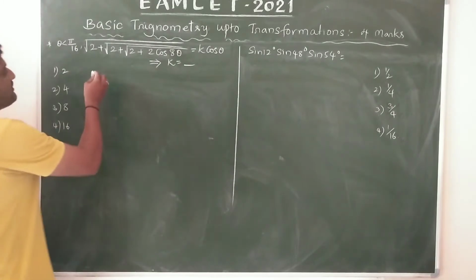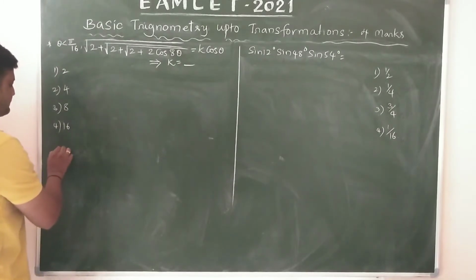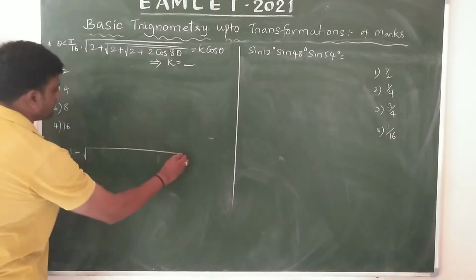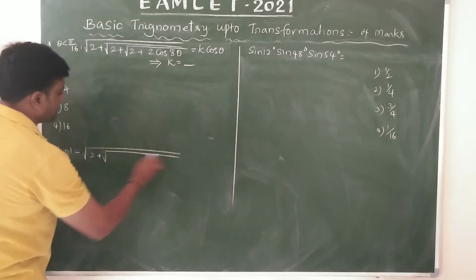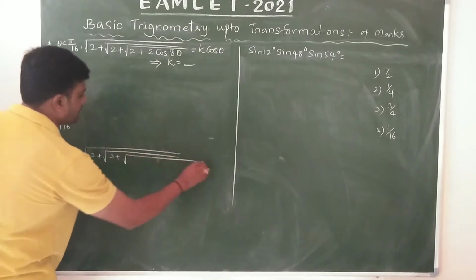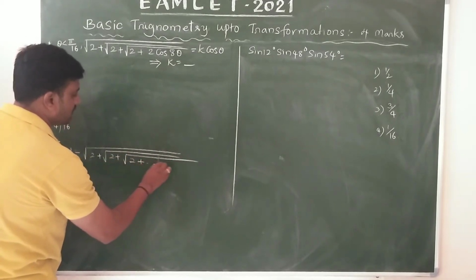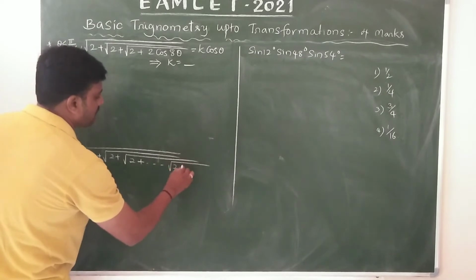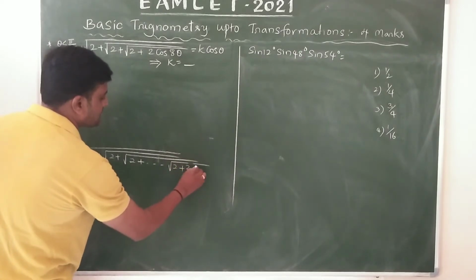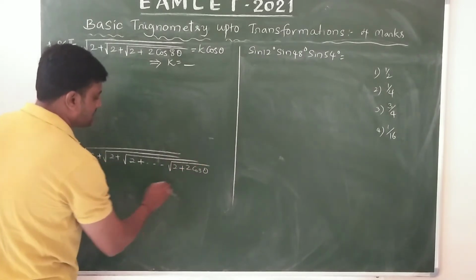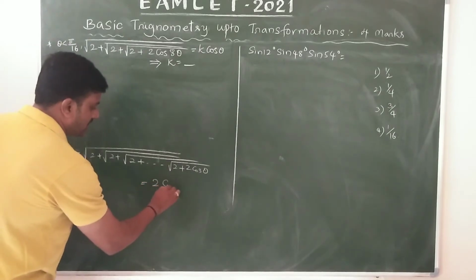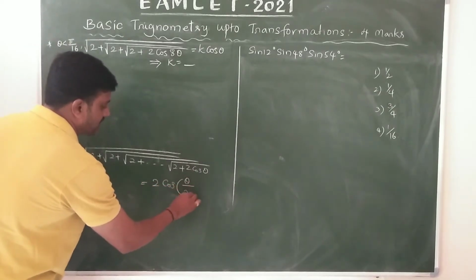For this type of problems, hint: root 2 plus root 2 plus root 2 plus so on, root 2 plus 2 cos theta equals to 2 cos (theta by 2 power n).